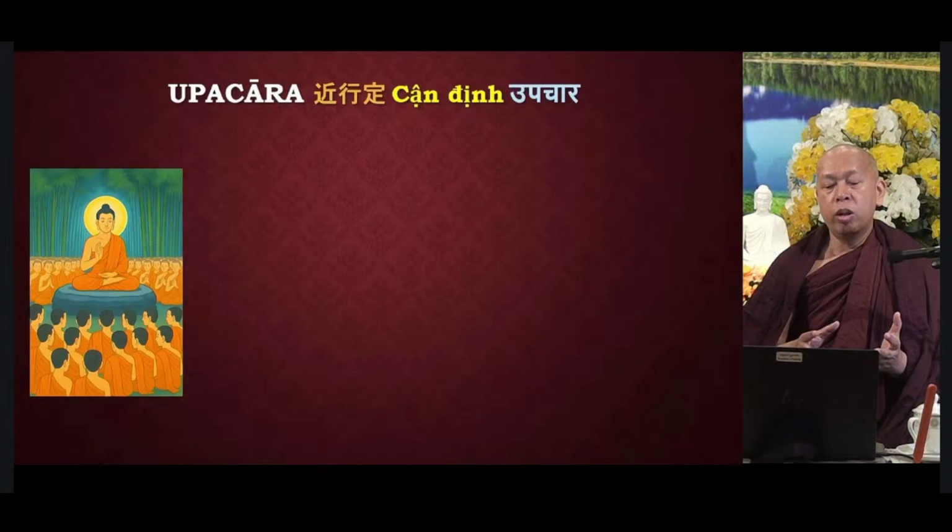This also discerns the elements all over the body. This is also ultimate reality. That's why we cannot attain absorption concentration. We can attain only access concentration. Okay, this is the Upachara Samadhi. And now we have to move on to many other parts. The first jhana.